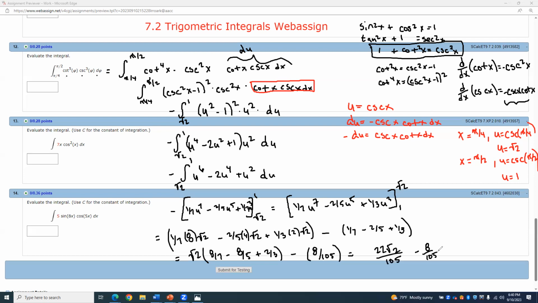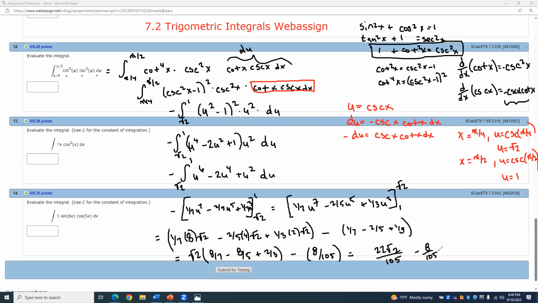So hopefully this makes sense, the general idea of where we started. I know getting stuck down at the end with the different bounds can be a bit painful, but in the beginning, the whole idea is that we look for the trig identity that works for our problem. And then the key is to know what the derivatives of those trig functions are, because that is what we need to set aside as du.